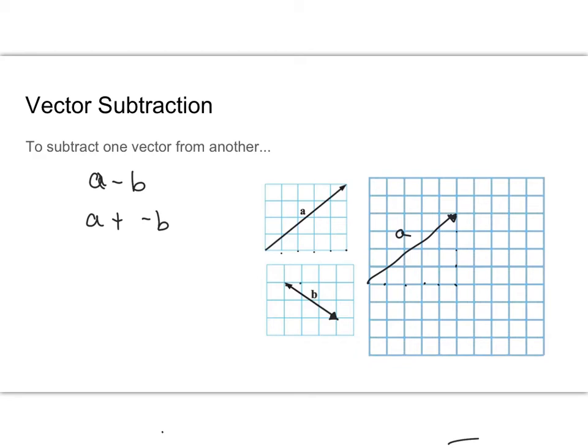And that moves over 1, 2, 3, and then down 2. There's my endpoint. And my resultant vector is a plus negative b. This is negative b here. And that's how you subtract two vectors.